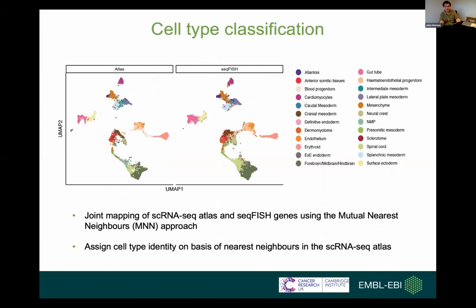So what we do is we take the 351 genes that we probed with seqFISH, and we subset the single-cell RNA sequencing data from the same developmental time point to look at those 351 genes, and then we effectively map the seqFISH dataset onto the single-cell RNA sequencing dataset, and then via transfer learning, we look at the neighboring cells in the single-cell RNA-seq dataset to which each seqFISH cell is mapped, and use that to assign it a cell type identity.